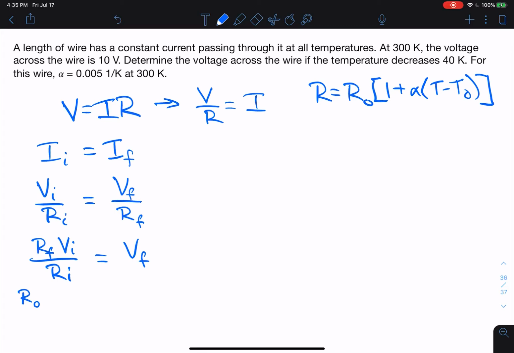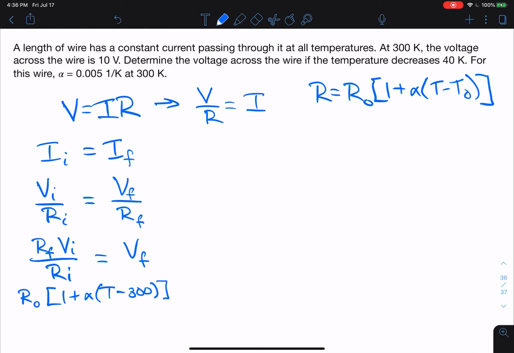And that's 1 plus alpha, I'll put that value in later, times T minus T naught. I am told alpha is given at this temperature, that's my T naught. So I'll just go ahead and put that in as 300.